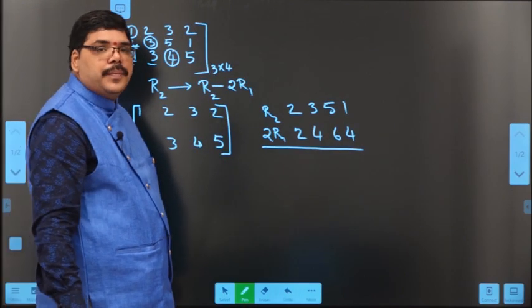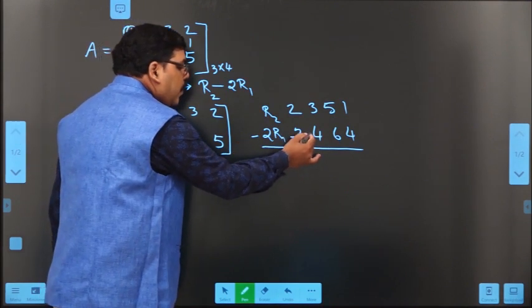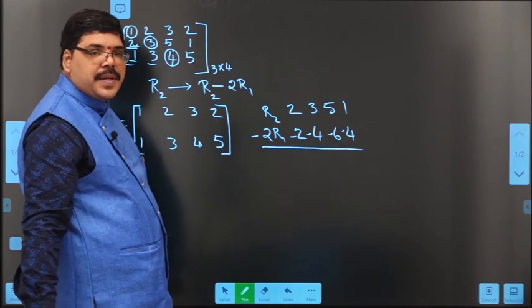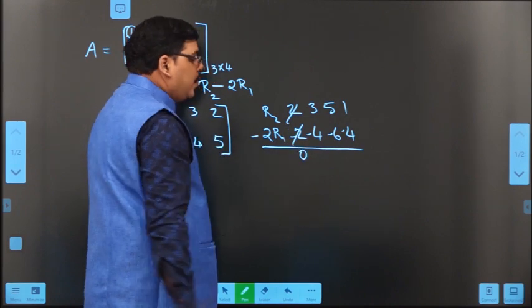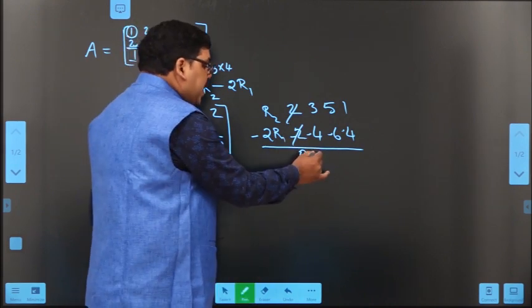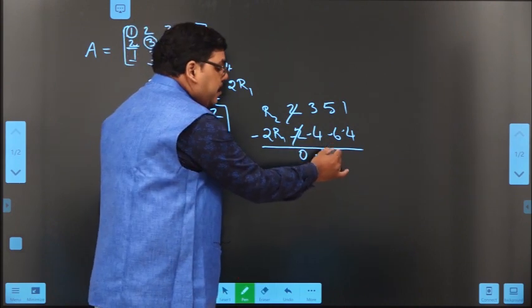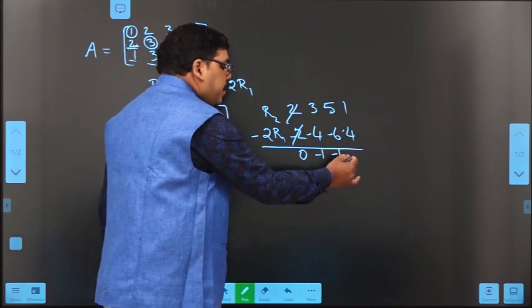Now what are we doing? We are subtracting. So what happens? 2 minus 2 becomes 0. 3 minus 4 becomes minus 1. 5 minus 6 becomes minus 1. 1 minus 4 becomes minus 3.